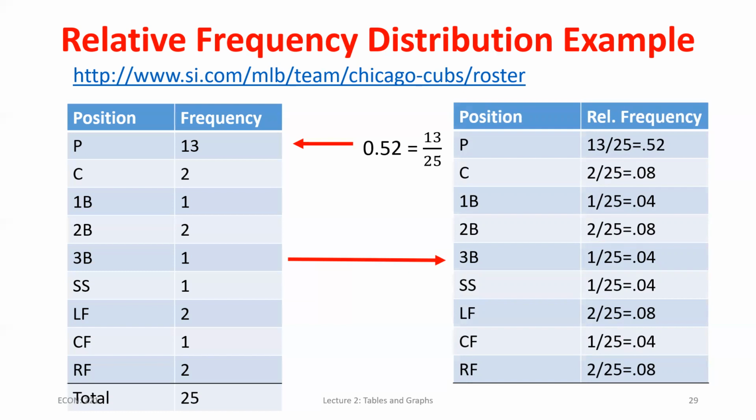We divided every frequency by 25, but the numerators are just the original frequencies, which should add up to that 25, the total number of observations. So anytime you add up your relative frequencies, they should always add up to 1. Otherwise, you made a mistake. That's something to point out along the way. I put it down here, except the Zoom things are covering it up. The total should always be 1 when you add up those relative frequencies.